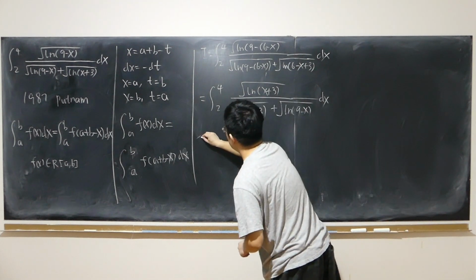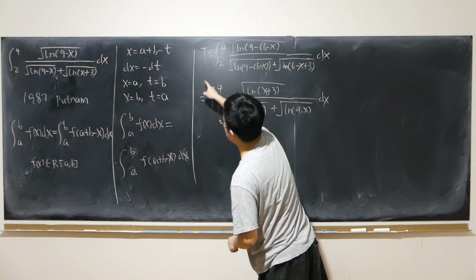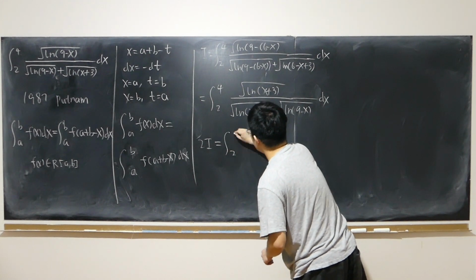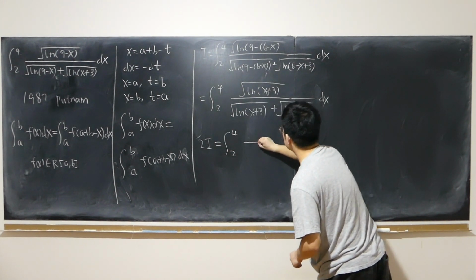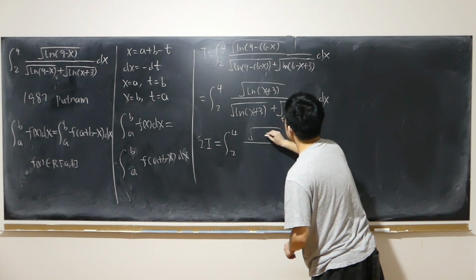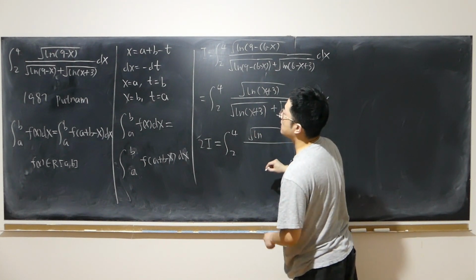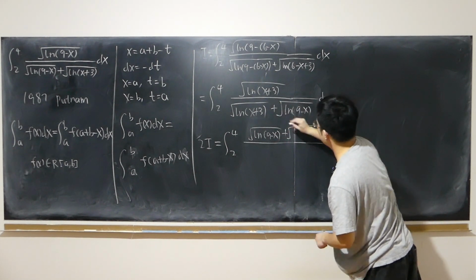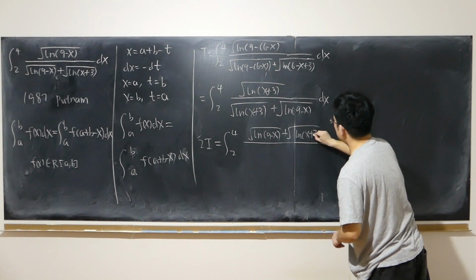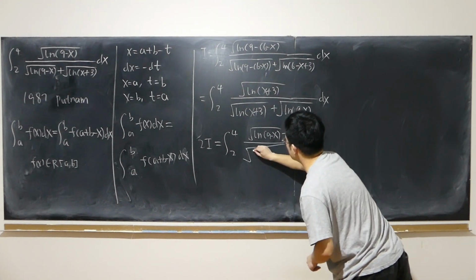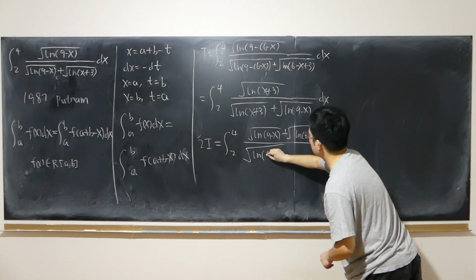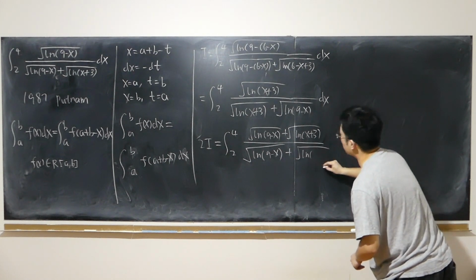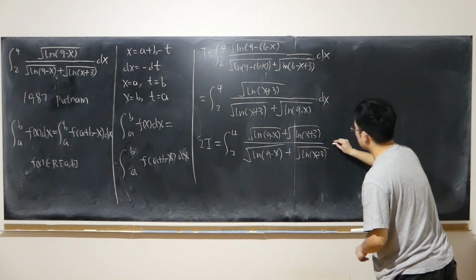But if we add them up, twice the integral is equal to the integral from 2 to 4 of square root of log of 9 minus x plus square root of log of x plus 3, over square root of log of 9 minus x plus square root of log of x plus 3, dx.